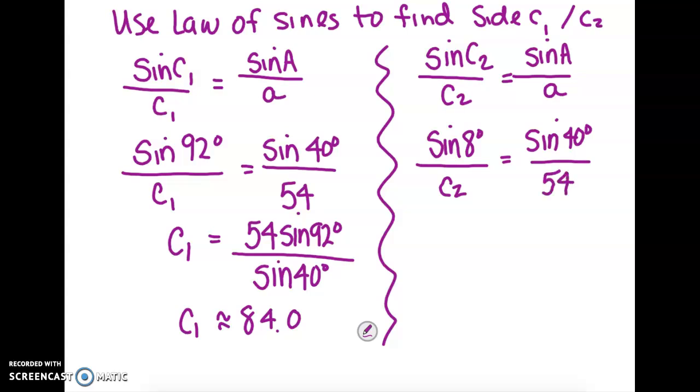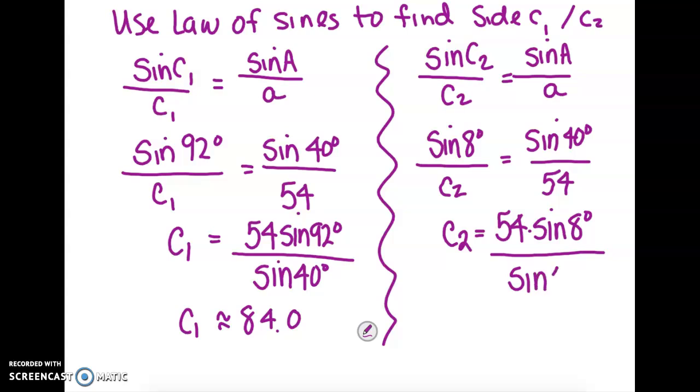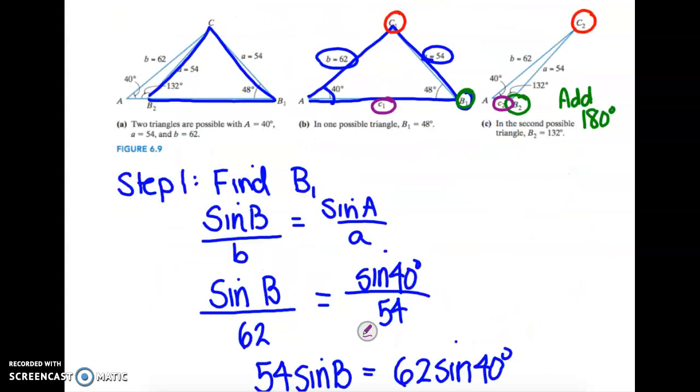Cross multiply and undo. C sub 2 equals 54 times the sine of 8 degrees over the sine of 40 degrees. Type it into your calculator: C sub 2 is about 11.7 units. Now if we go back to here, we just found those last two sides in the purple.